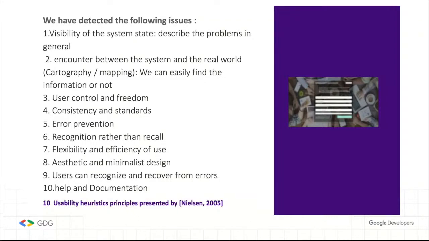First, the visibility of the system state. Second, the match between the system and the real world, cartography, mapping, etc. We can easily find the information or not.